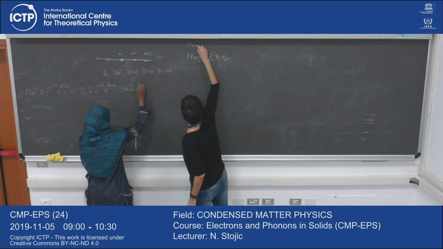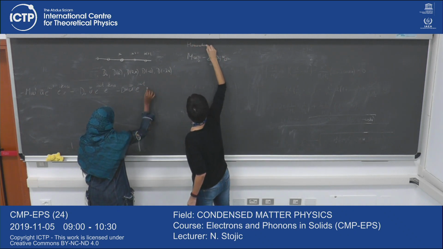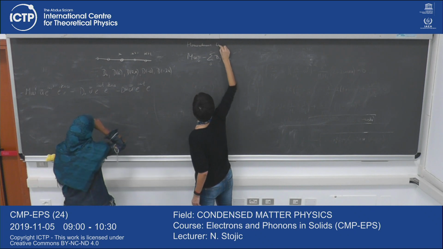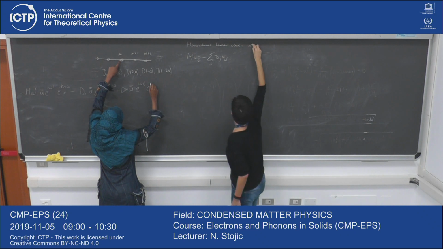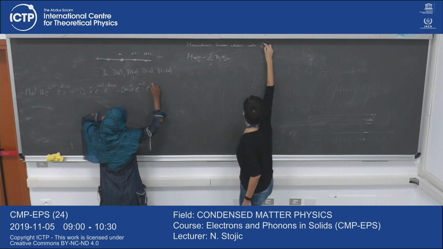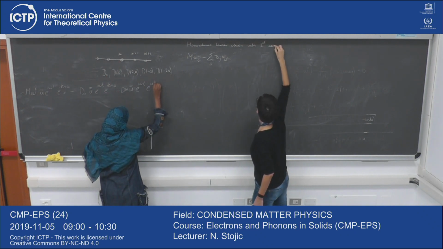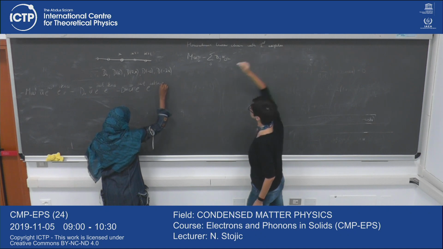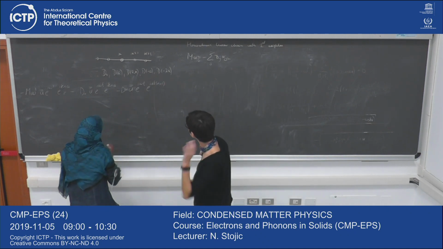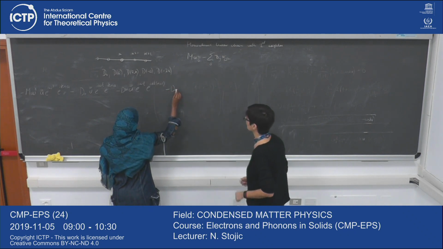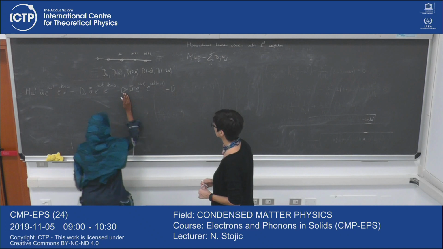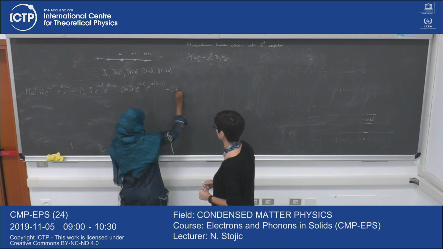I can write it. e to the i omega t, and now we are thinking of this one. So it should be k and this one. Minus D2. D of, okay, if we call this D of a, that one should be D of minus a.